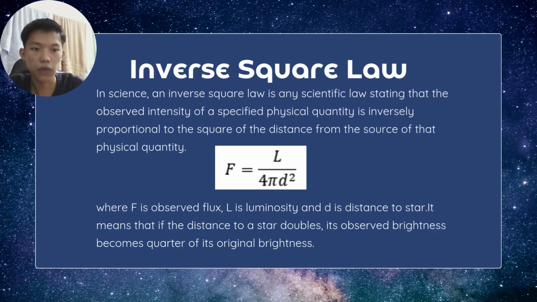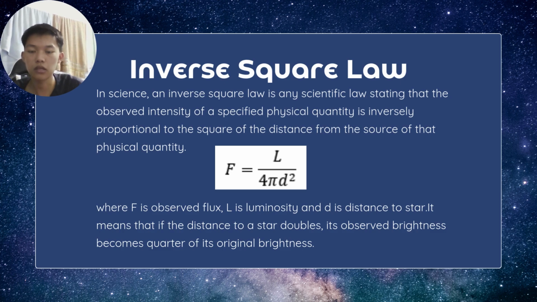F is equal to L over 4 pi d squared, where F is the observed flux or the brightness as seen from the Earth. L is the luminosity, which is the total energy output of the star, and d is the distance to the star.